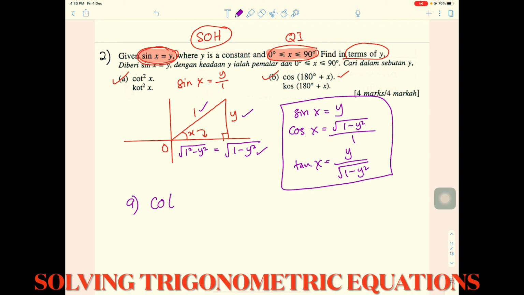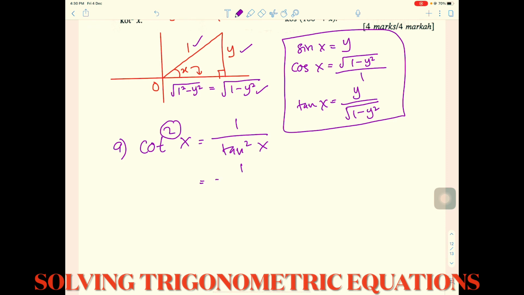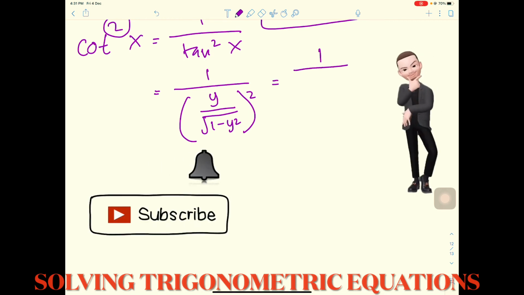It is given that cot squared x equals 1 over tangent squared x. Because there is a square, we square each term: 1 over tangent x squared equals 1 over y over the square root of 1 minus y squared, all squared.